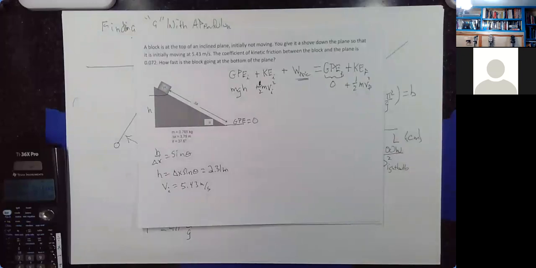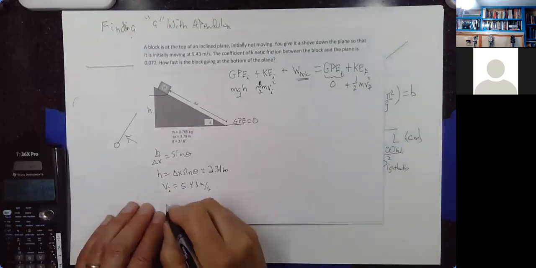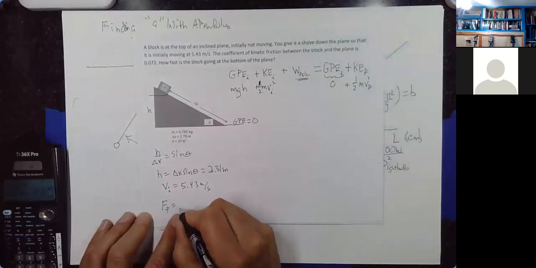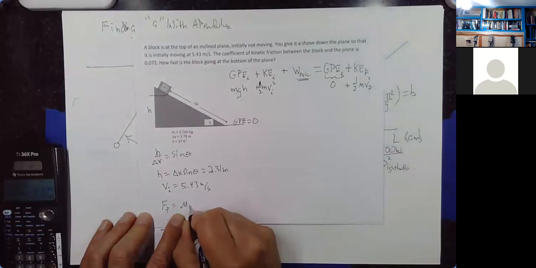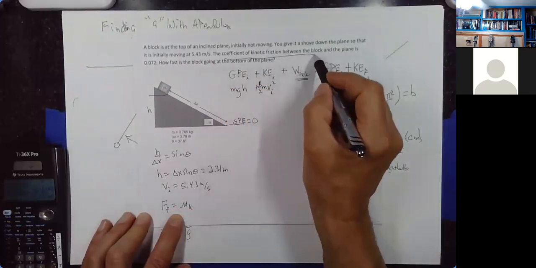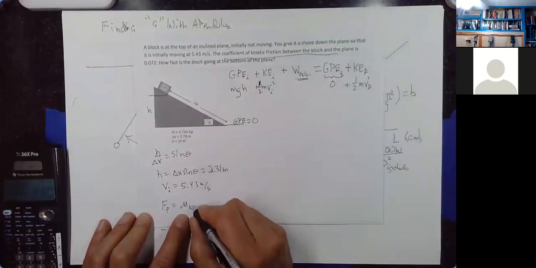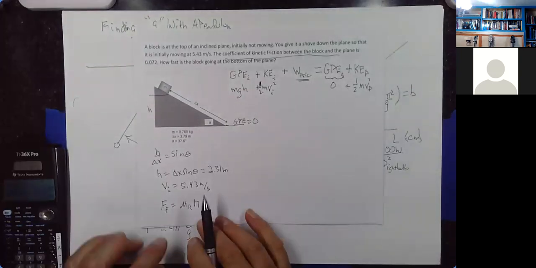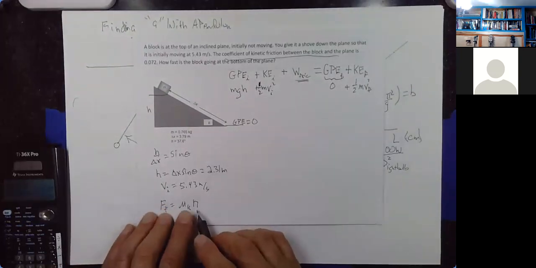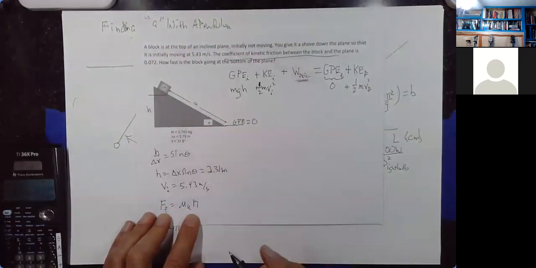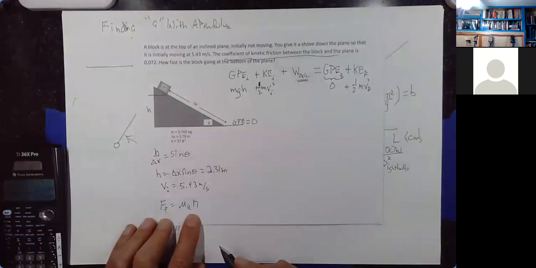All right, well, here's things I know about friction. The frictional force is going to equal mu sub k. It's sliding, and it's the coefficient of kinetic friction that they give me. It's going to be mu sub k times the normal force. But the normal force isn't going to be the weight because it's on an inclined plane. So I'll have to do something to do with that.